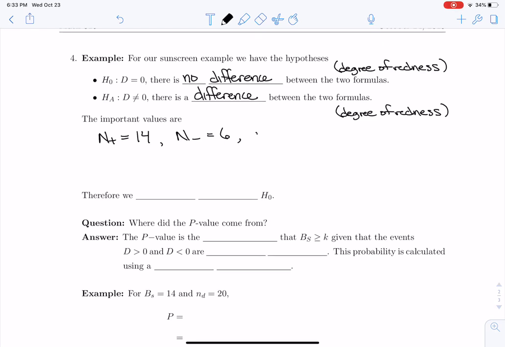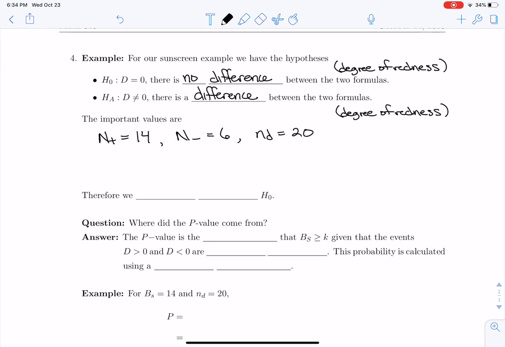And the number of non-zero differences, which in this case is 20. So we're going to ignore the 5 subjects who had no noticeable difference in redness between the left and right arm.